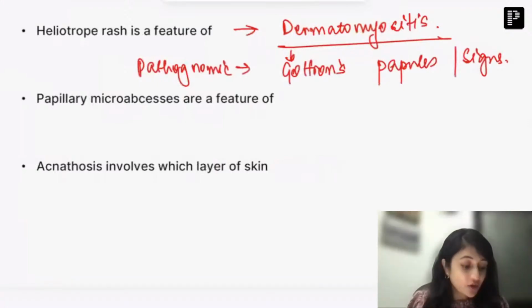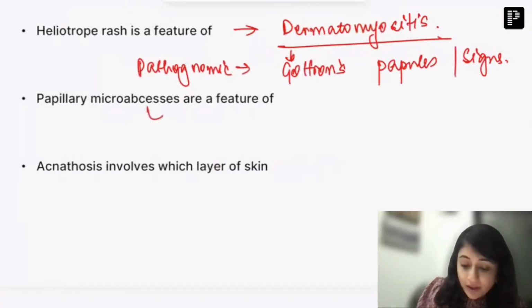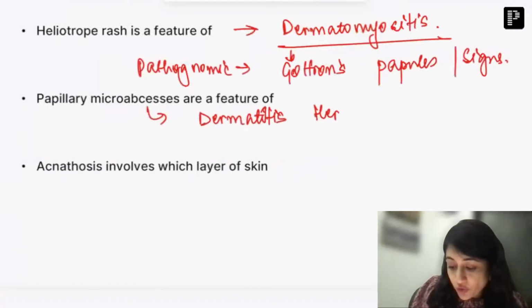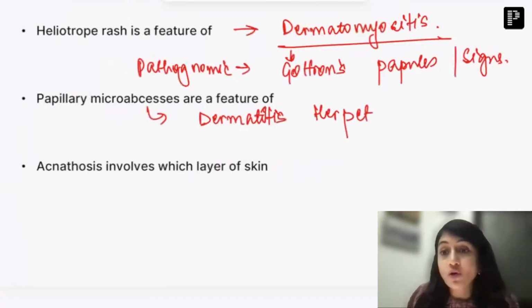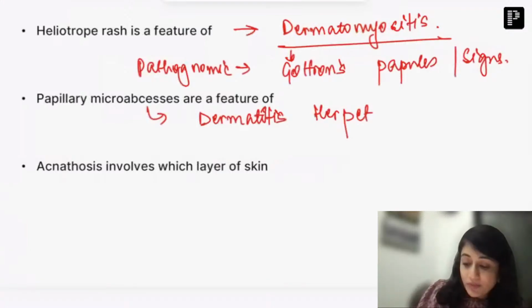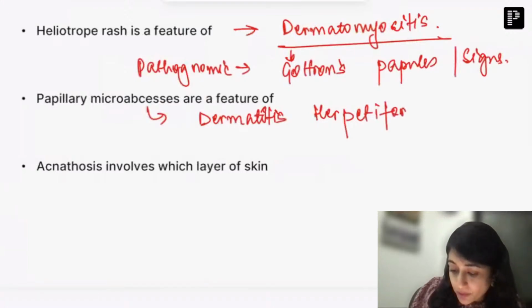Yes, you're right. Papillary microabscesses are a feature of dermatitis herpetiformis. A few of you are answering mycosis fungoides. So please remember, Potterier's microabscesses is seen in mycosis fungoides. Papillary microabscesses are a feature of dermatitis herpetiformis.